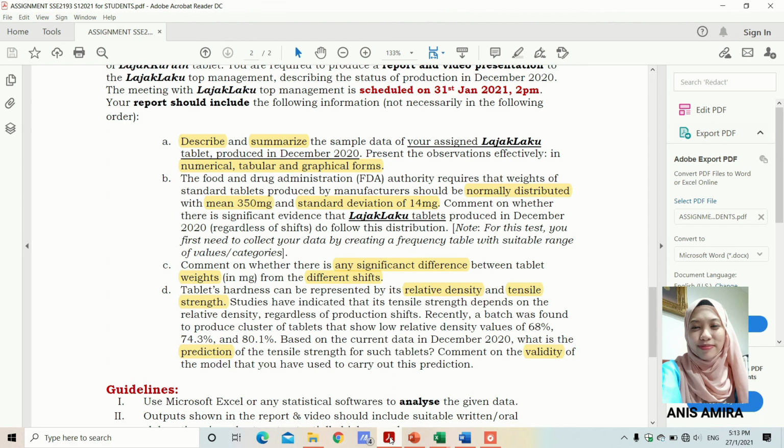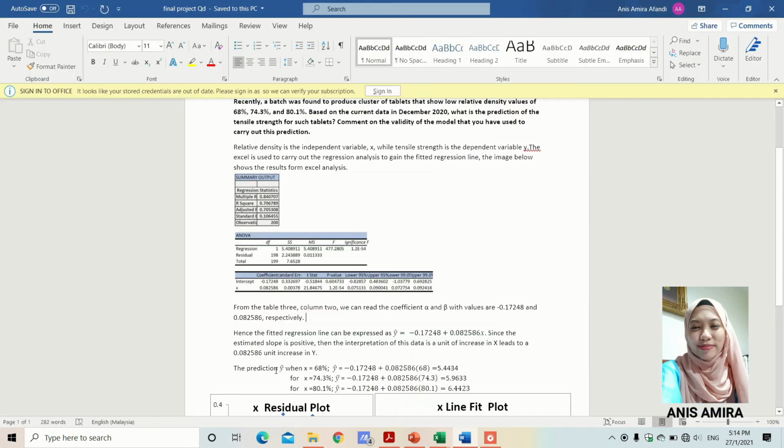Our question is to predict the tensile strength for the data that they give us, which are the relative density values. From this prediction, for x equals 63%, y is 5.4434 megapascal.